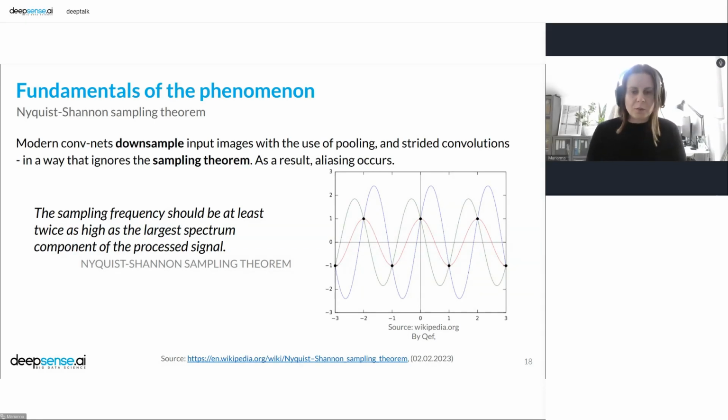This phenomenon is commonly illustrated in movies. When you see a car and its wheels appear to spin backwards, it's due to the frame rate not meeting the sampling criterion. And the same thing happens when we use strided convolution. Sampling frequency is too low, and we lose information that can't be restored.